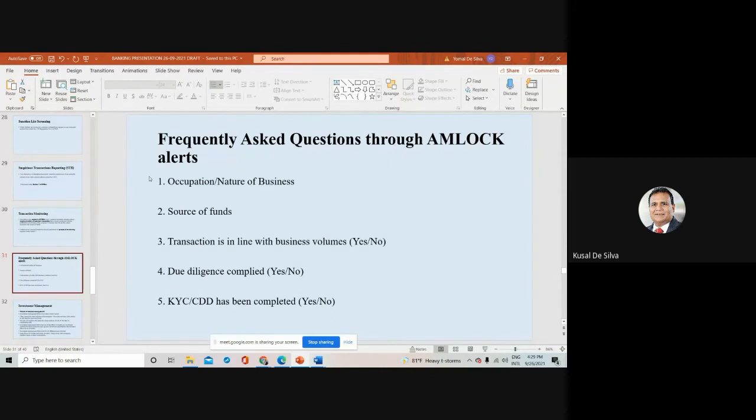So if you don't profile the transaction in line with the business volume, if you say 100 million, without even your knowledge you are allowing people to do illegal activities. So that is what you need to be very, very careful about in compliance. Compliance is one of the key areas you need to be aware of.